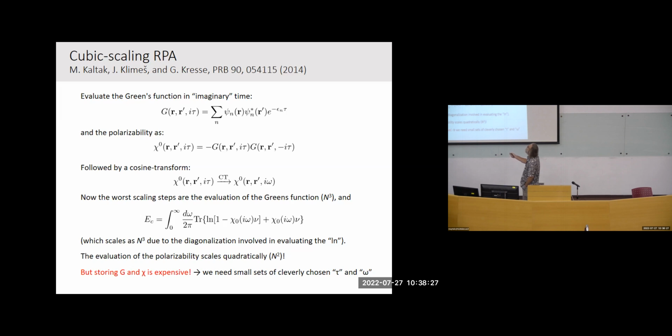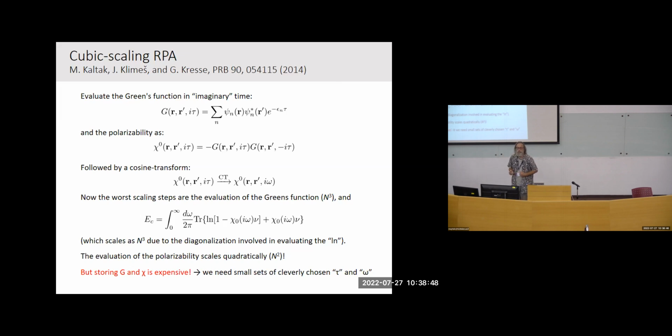It's described in this particular paper by a colleague of mine, Merzuk Kaltak, and Jiří Klimeš, who was a postdoc at our institute at the time, and by Georg Kresse. We can reduce that by one order of magnitude to cubic scaling.